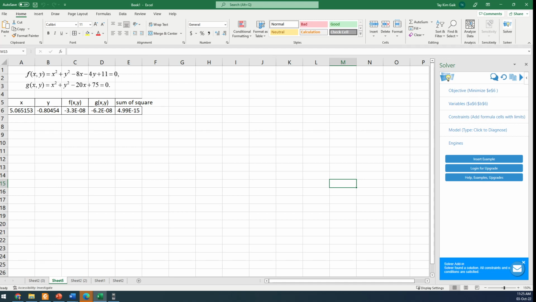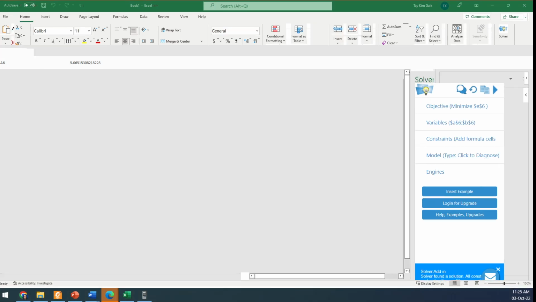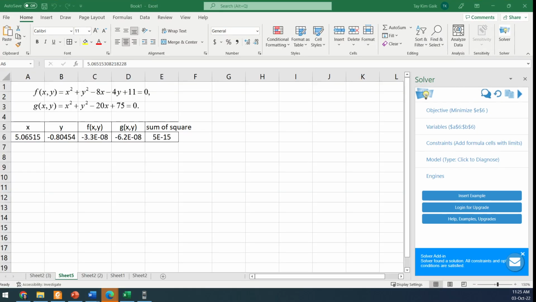Oh, okay, it already found the solution here. So x is 5.0652. Check back. Okay, it already said solver found a solution.